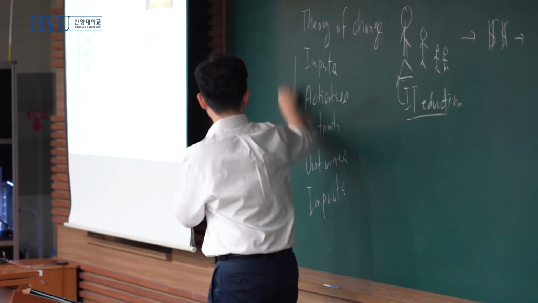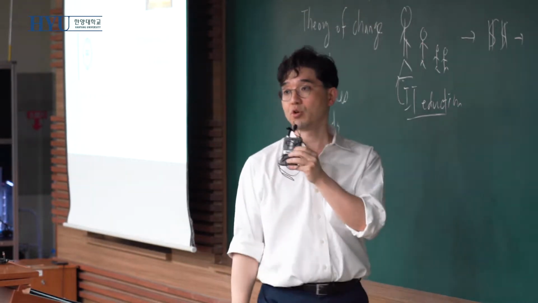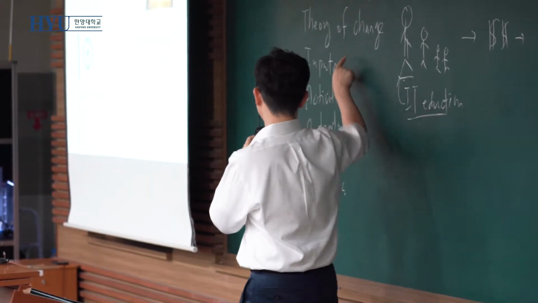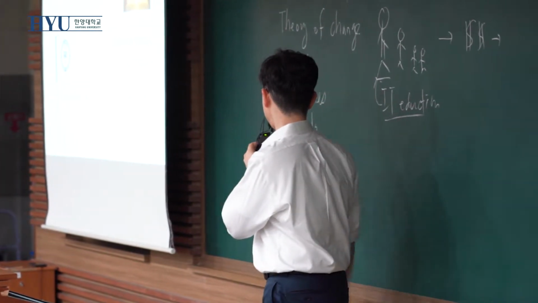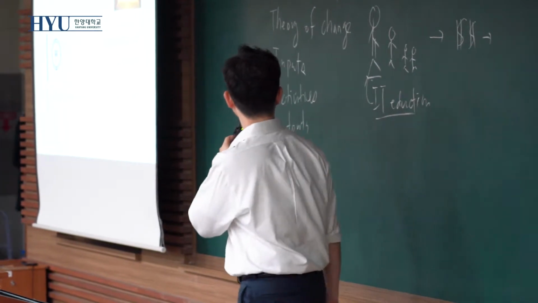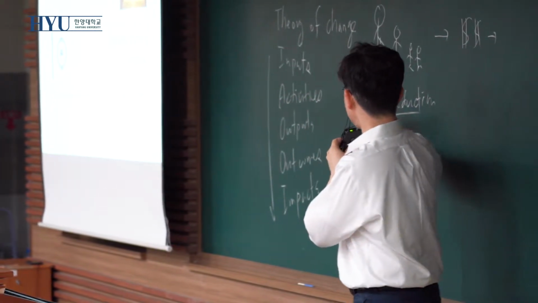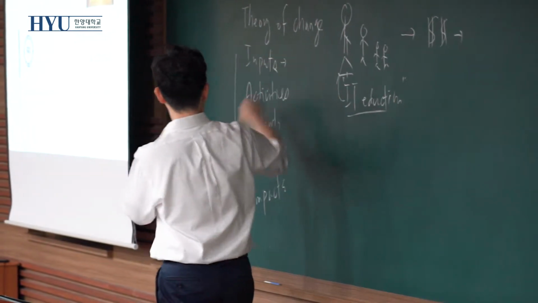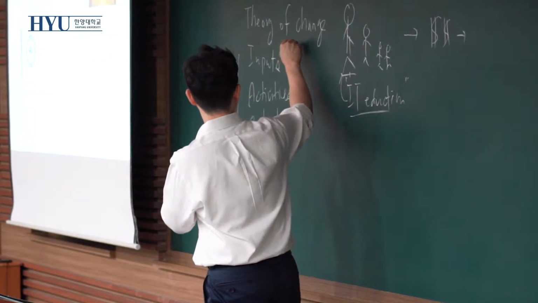Basically, theory of change explains how we can make impact by doing some inputs, designing activities, and producing outputs, outcomes, and impact. For example, for this IT education project, we can think about some inputs, financial inputs, like money.